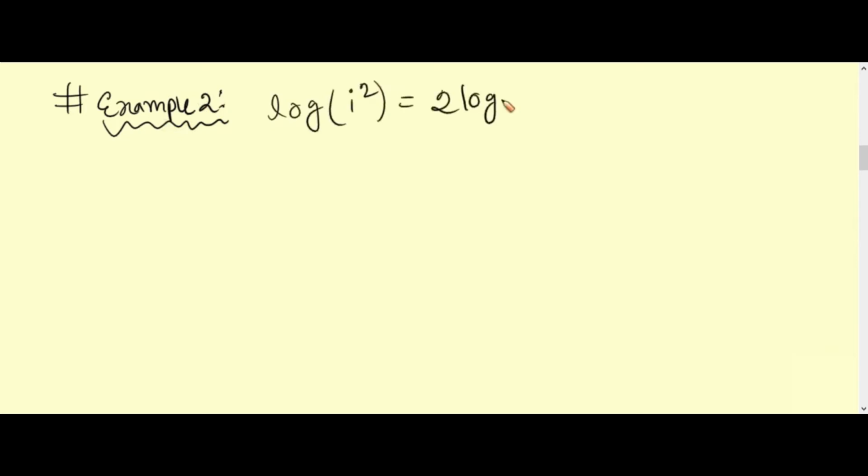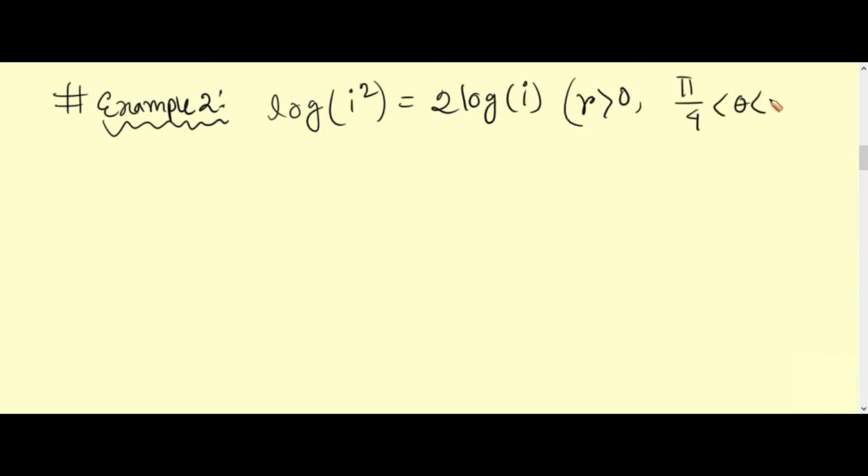And in fact, let me show you another example, and this will be our example 2. And here we have to show that log I squared is equal to 2 log I. But here they are giving us some conditions, that is r greater than 0, and my angle is bounded by this.